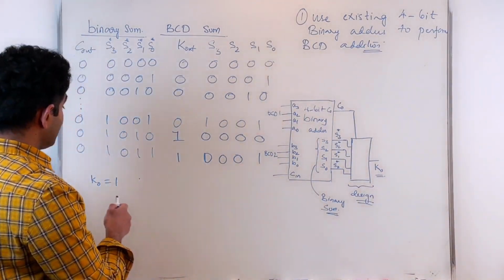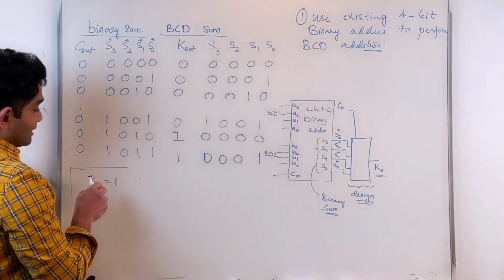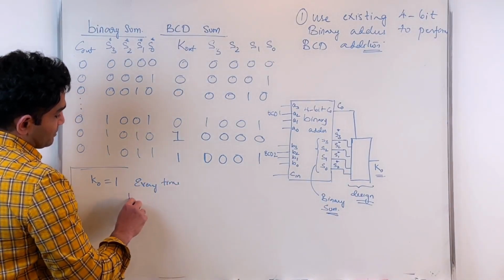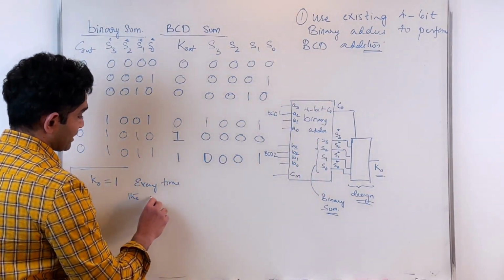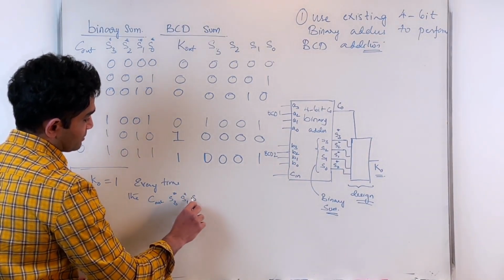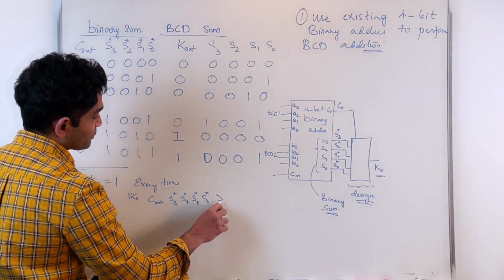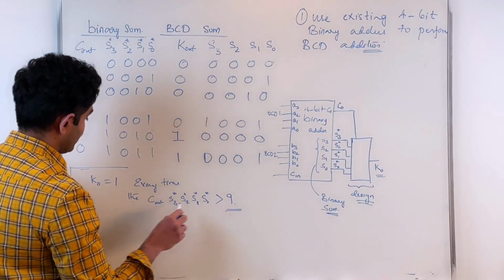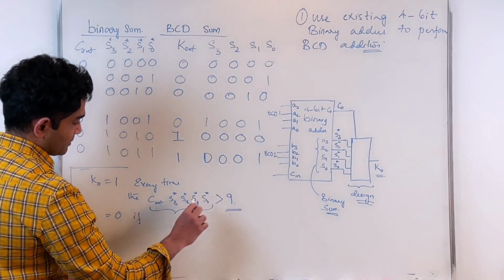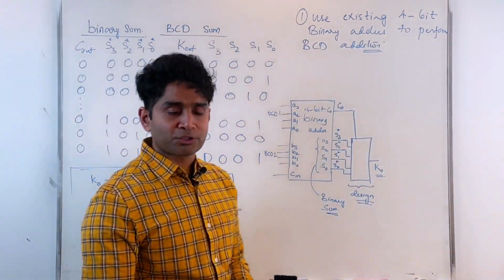I will specify the design for this unit such that k0 should be 1 every time the sum from this binary adder, Cout, S3 star, S2 star, S1 star, S0 star, is larger than 9. And it should be equal to 0 if the sum is less than or equal to 9. That's how my circuit should behave.